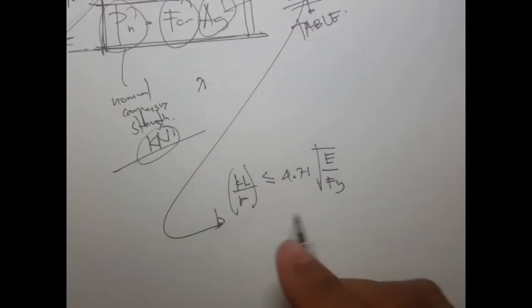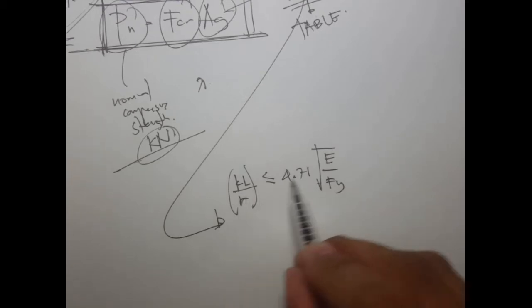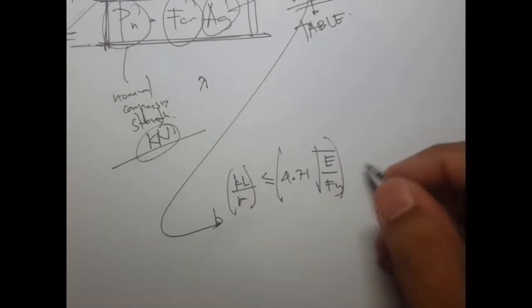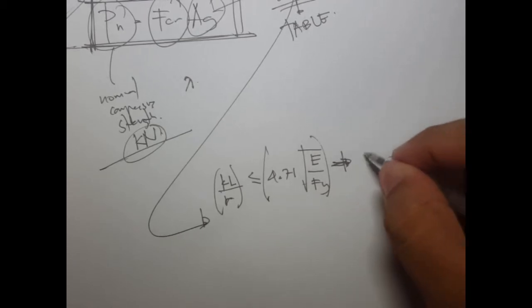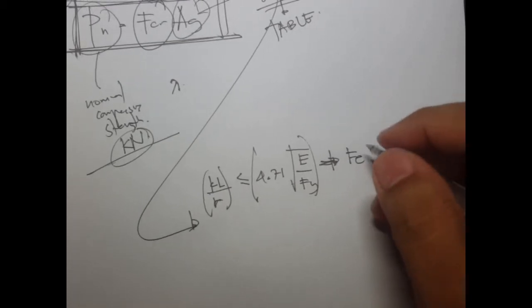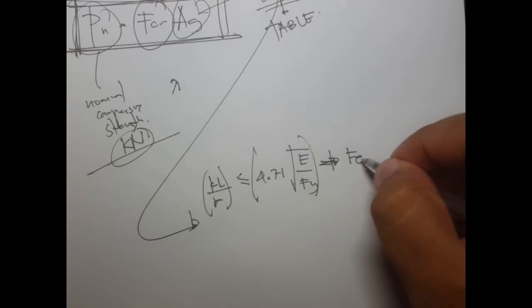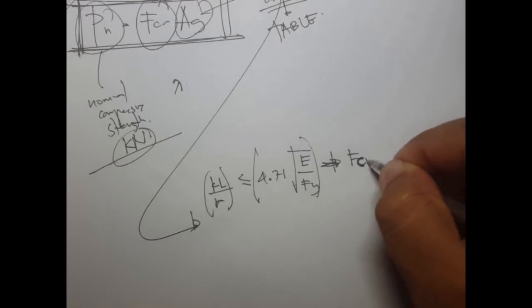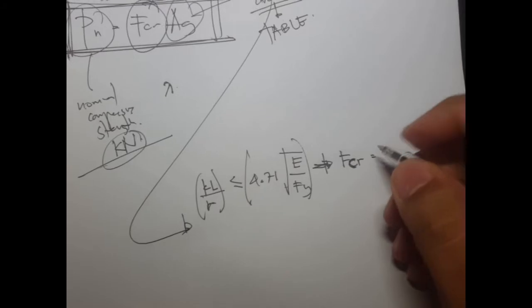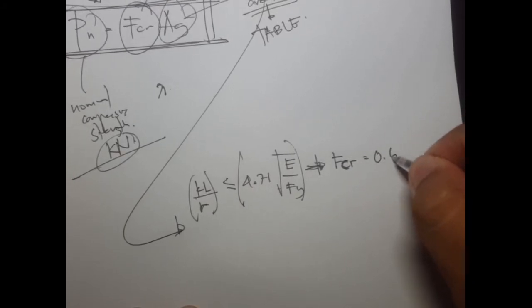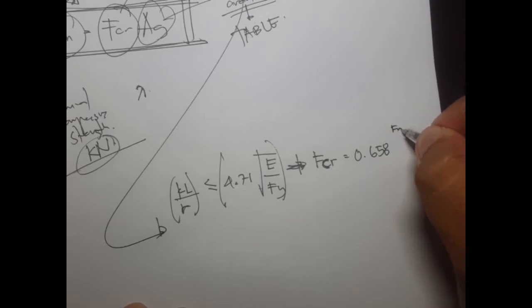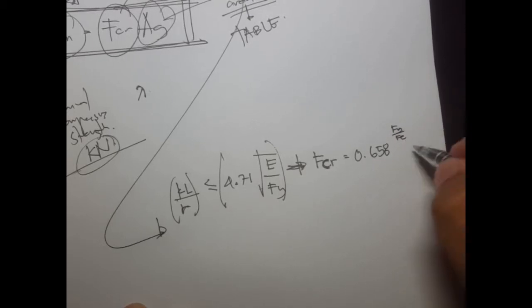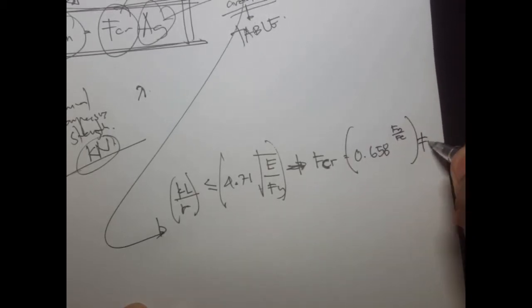If the slenderness ratio is less than this value, then our equation would be Fcr equal to 0.658 raised to Fy over Fe, times Fy.